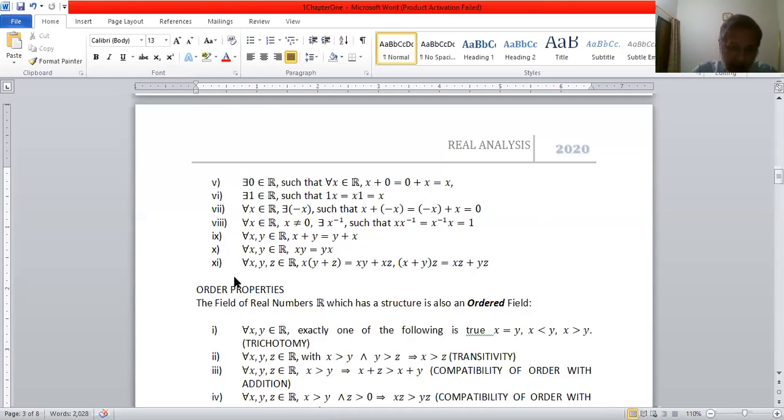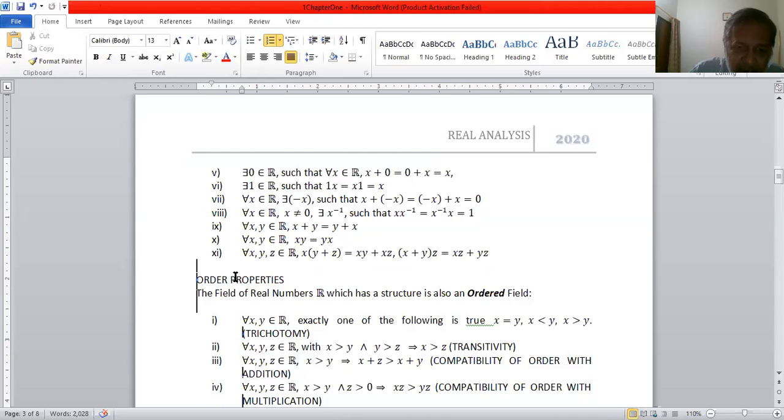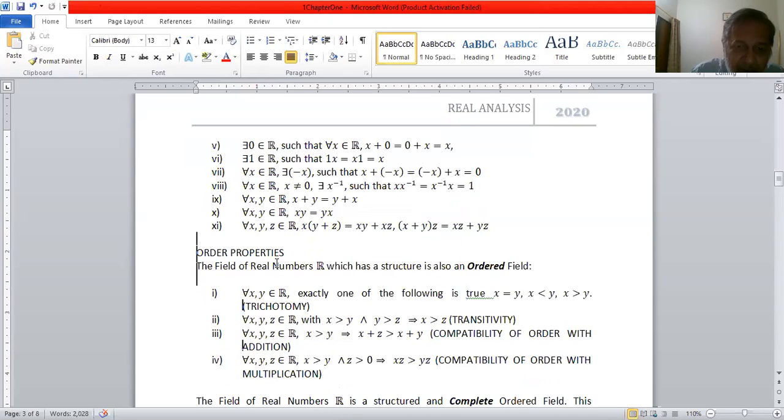Anyways, the next property that I'll discuss for real numbers is ordered field. Set of real numbers form an ordered field. Now, what is order property? We know that if you select any two real numbers, out of three, there will be exactly one of the statements true.